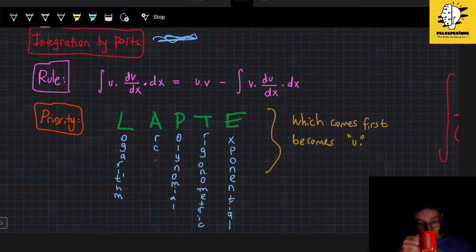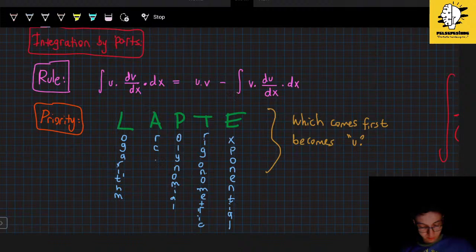Perfect. Alright, guys, so in integration by parts, this is the part where we cannot use substitution or any kind of integration techniques you may have known before. This is a new concept, and this is the rule. We have two functions, u and v.